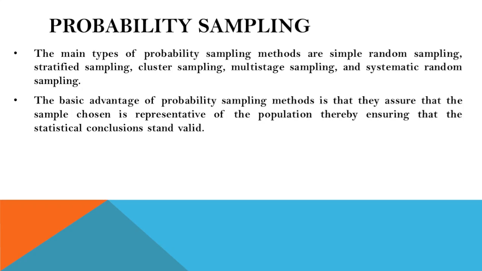The basic advantage of probability sampling methods over non-probability sampling is that they assure that the sample chosen is representative of the population, thereby ensuring that the statistical conclusions stand valid. That means probability sampling is more advantageous than non-probability sampling for some studies.